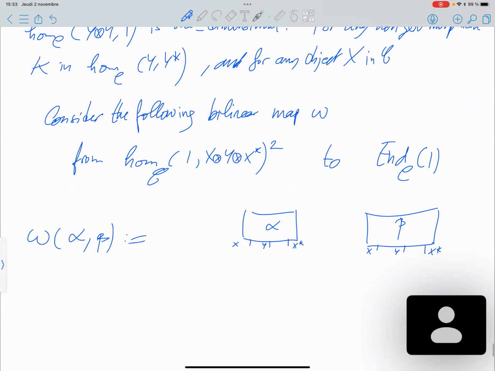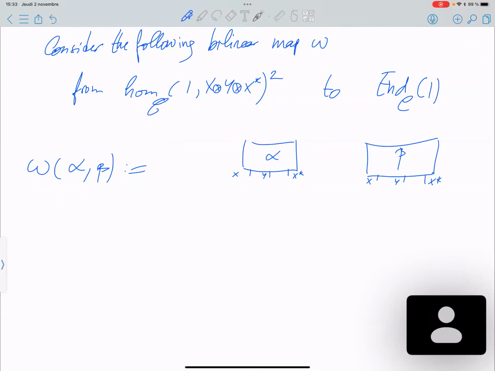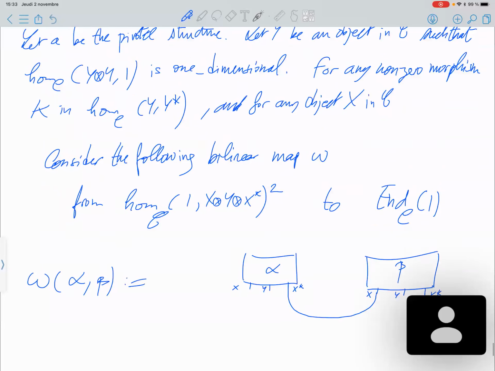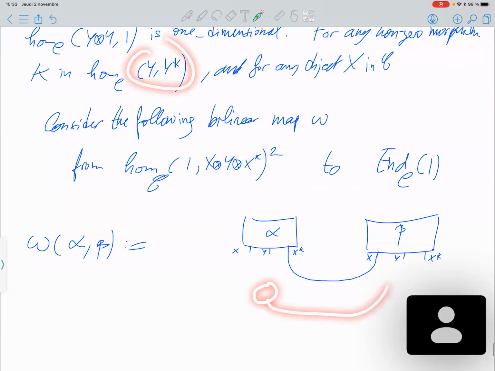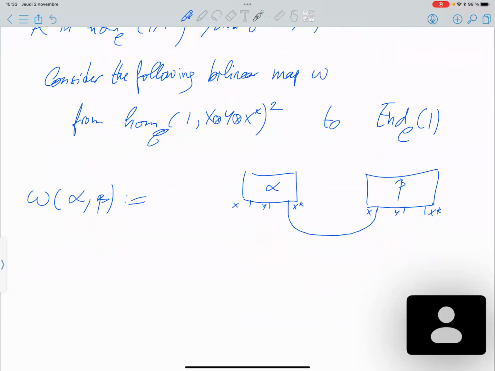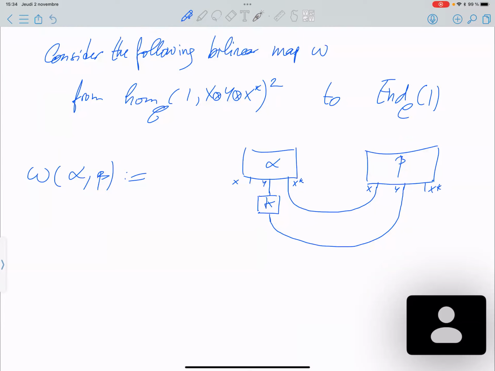And then here we need to use kappa, and we will use also the pivotal structure. Here you need nothing, you can just put this evaluation map. For the Y, we will use the kappa between Y and Y star. Then we'll get a Y star here, and then we can make the evaluation map. Let me add the kappa here. Then the evaluation map. And for here, we will need just the pivotal structure.